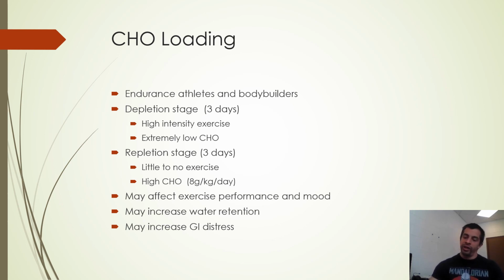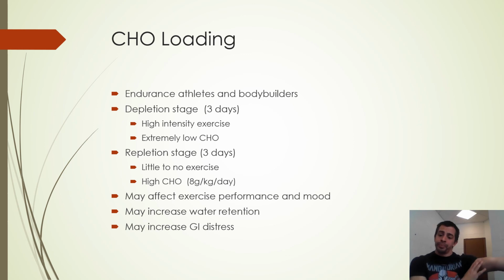Now bodybuilders are different. They would do it for a different reason. They would do this because your muscle glycogen creates a full look within the muscle belly. So if you look at my bicep right here, this is where your muscle glycogen would go. This is one area, one muscle. And if we supercompensate, what did I say? There's going to be more retention of glycogen, more stuff in here.